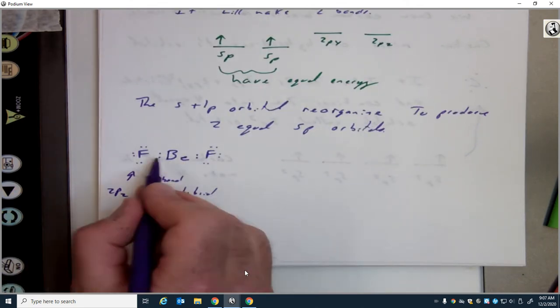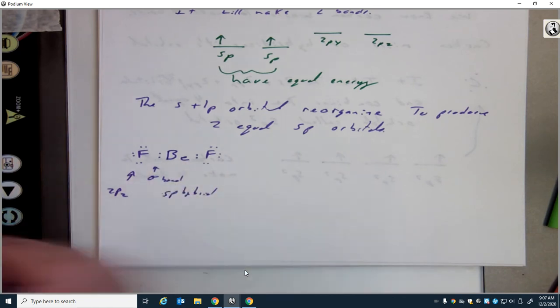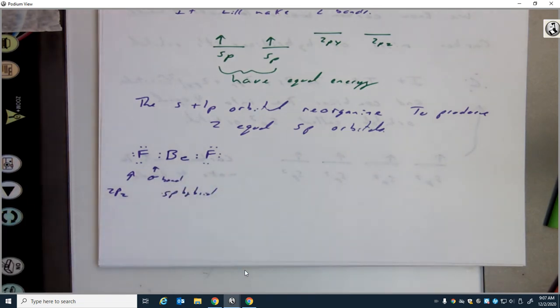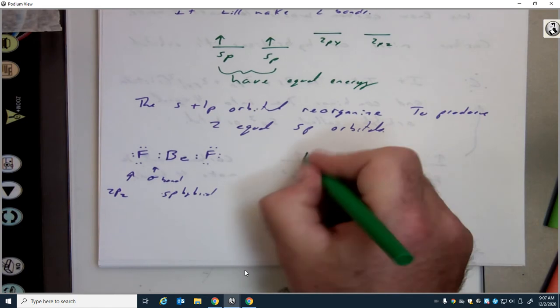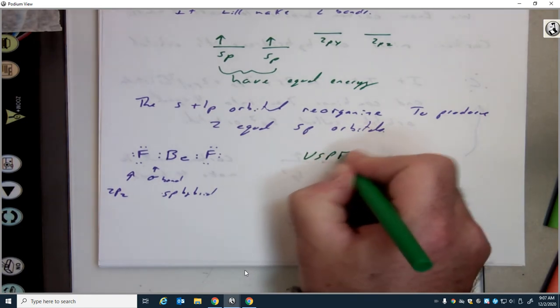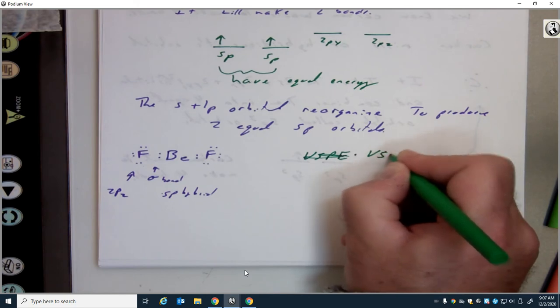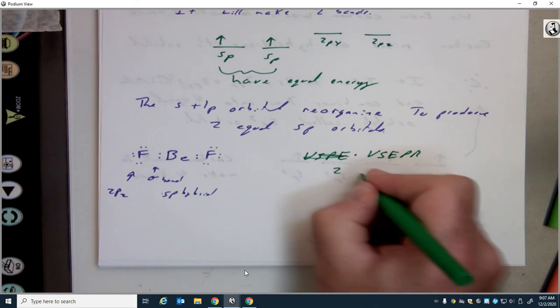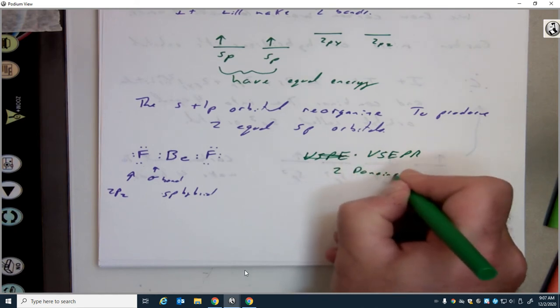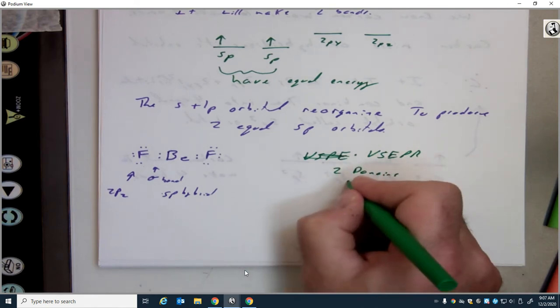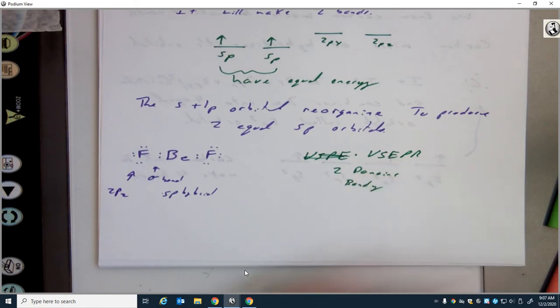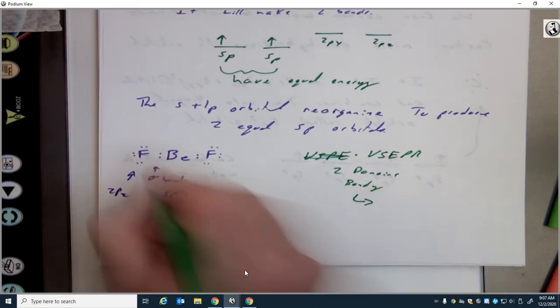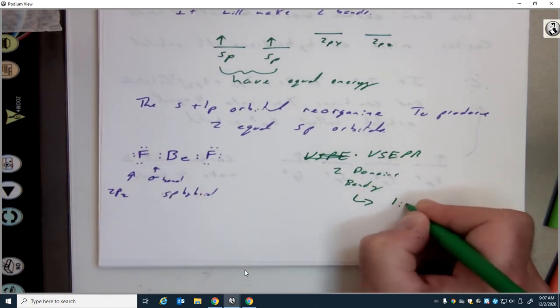Now, how many domains do we have around this beryllium atom? Well, if we use VSEPR, there are two domains. Both of them are bonding, which means this guy is going to be linear.